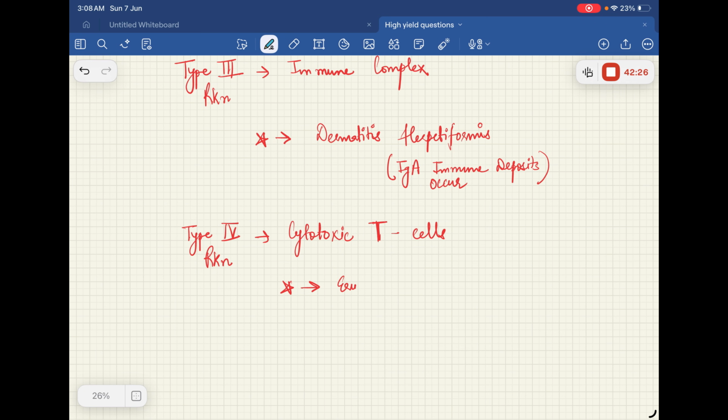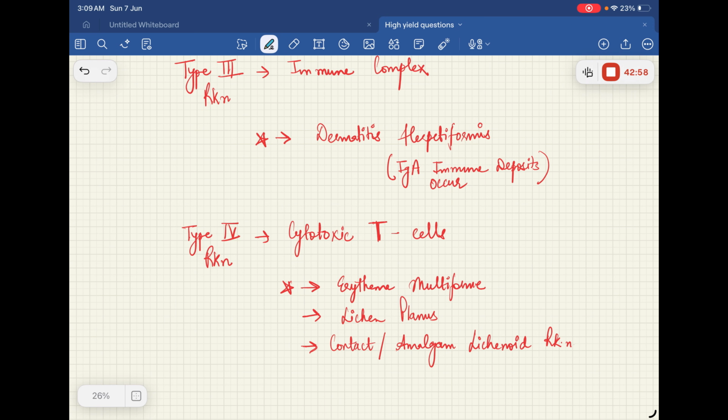It is erythema multiforme, lichen planus, and contact or amalgam lichenoid reactions. So remember erythema multiforme, lichen planus, and amalgam lichenoid reactions come under type 4 hypersensitivity reaction.